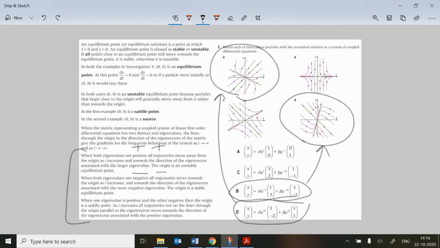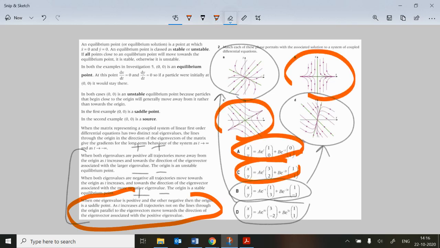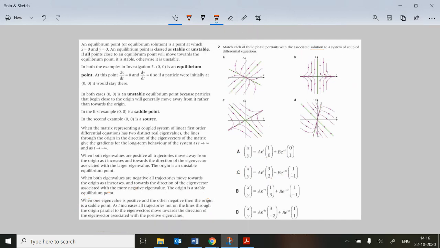That's pretty tricky. Now, finally, it says if one is positive and one is negative, we have a saddle point. So that's the final two. So that's this thing here. We've got this one and this one. So just clear everything out at the moment. So this is positive and negative, and we're dealing with this one and this one.